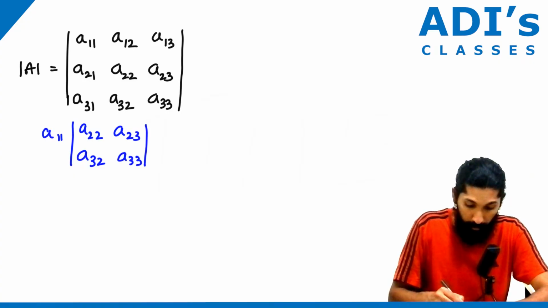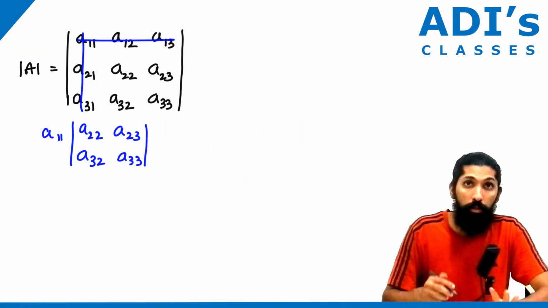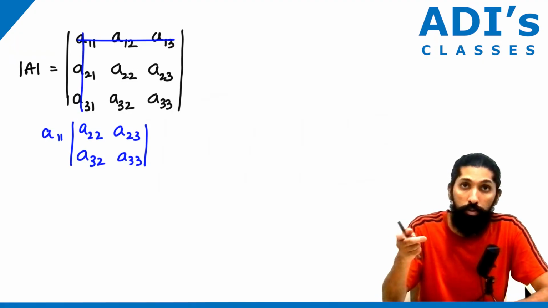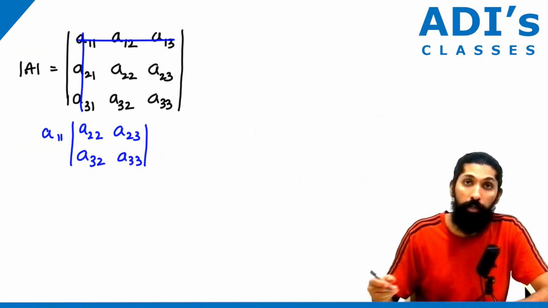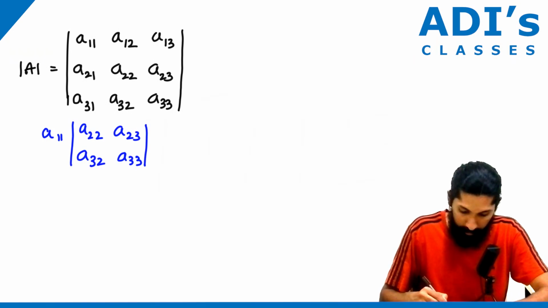See, that means when you remove this row and this column, you have 4 elements. Those 4 elements are nothing but a 2 cross 2 matrix, isn't it? So determinant of this. Then after that, what you are going to have? So we need to start with minus sign.